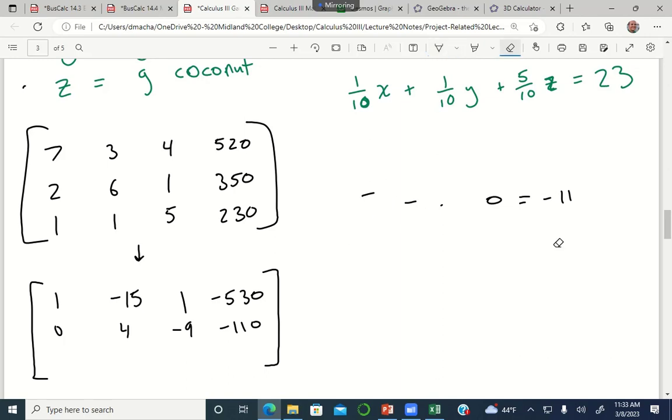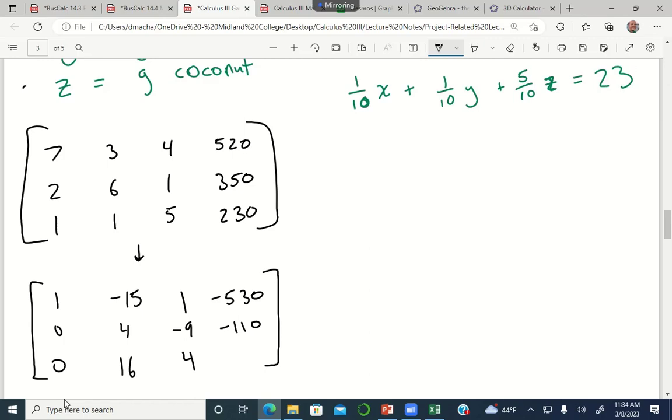And then for my third row, I want that leading 1 to be a 0. And so I think what I'll do is I'm going to take this third row and subtract my new first row, which is allowed. So I can do 1 minus 1 is 0. 1 minus negative 15 is going to be 16. 5 minus 1 is 4.